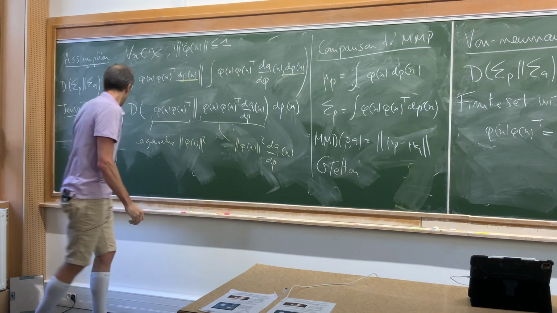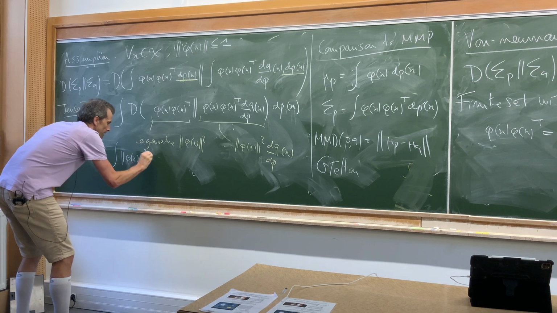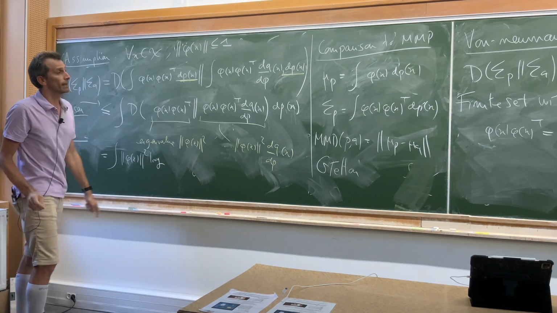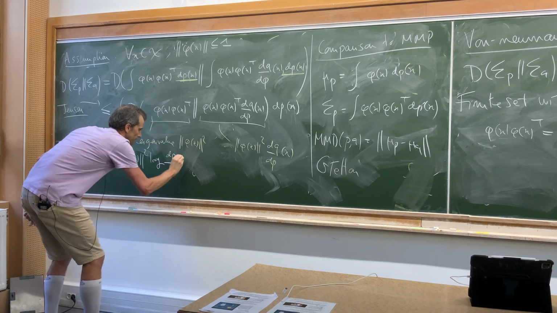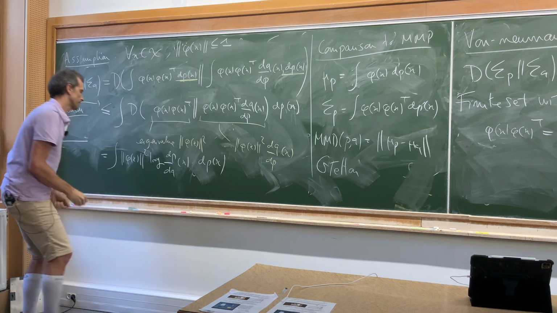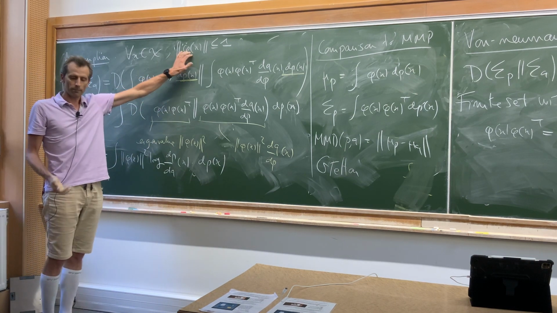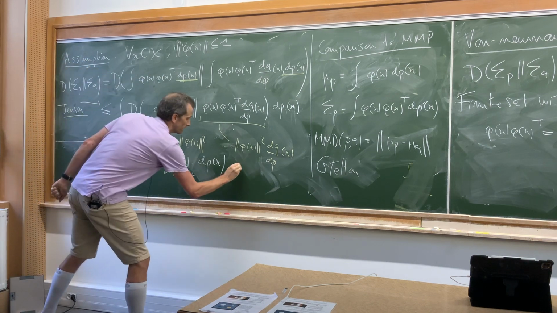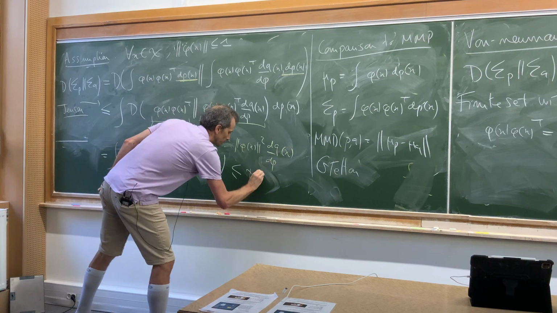So I get the integral of phi of x squared times log of dp over dq of x, times dp of x. And now, because I've assumed the features are bounded by 1, this is less. So I can remove this, and it's just exactly the relative entropy.